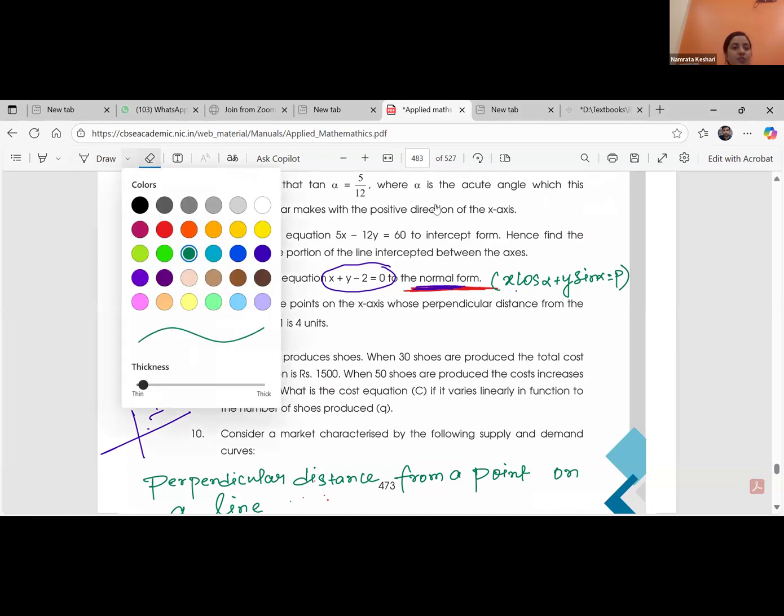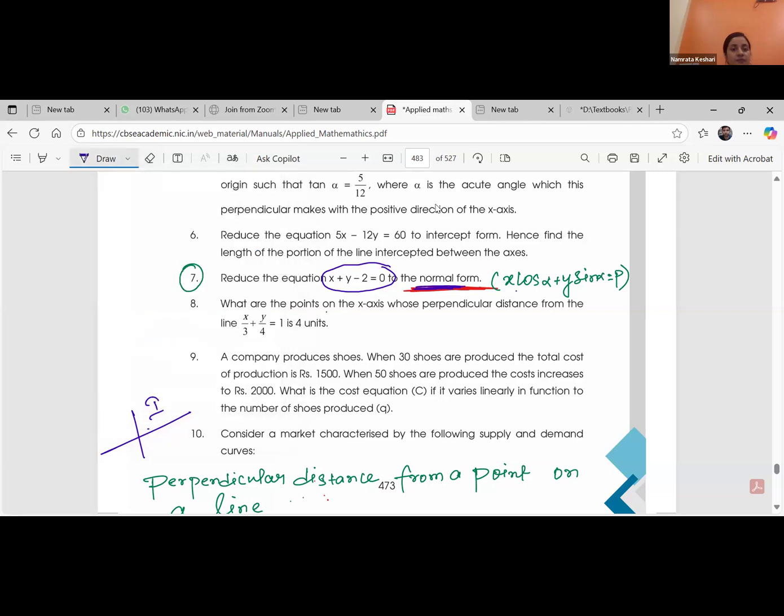See, this is the same question. What are the points on the x-axis whose perpendicular distance from this line is 4?